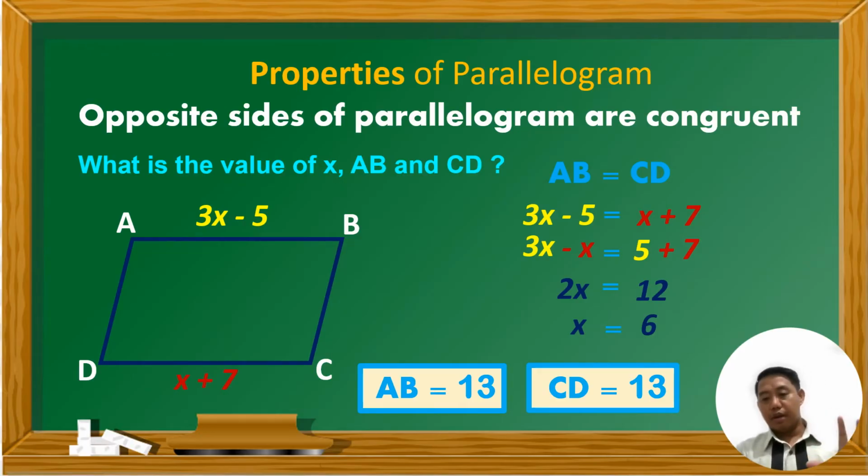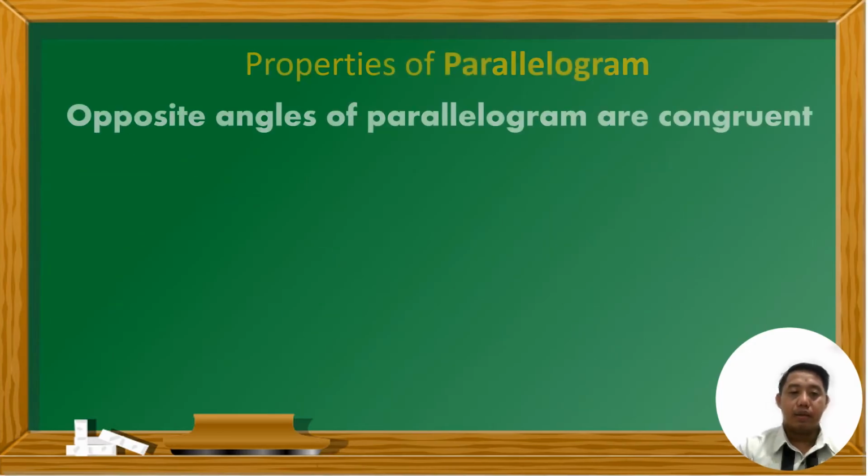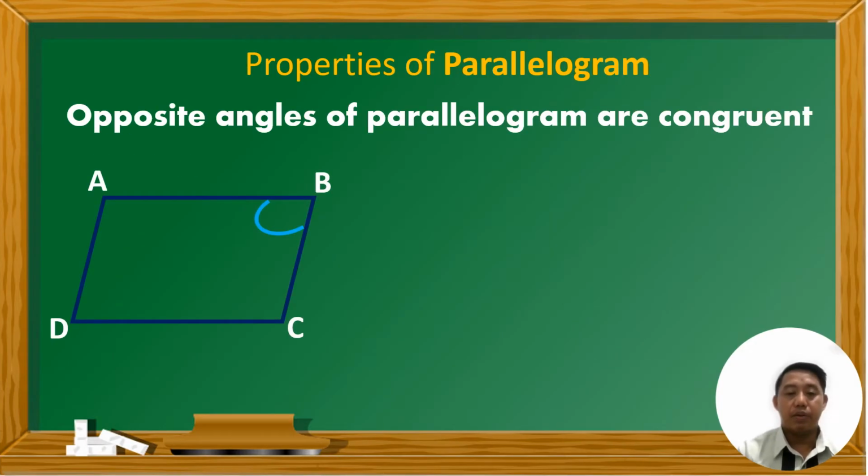Again, pag may next example tayo, just pause the video and try to solve. Okay? So, opposite angles naman tayo ng parallelogram or congruent. So, ito yung opposite angles natin. Angle C is 112 degrees. Angle D is 68 degrees. So, opposite angles mean they are congruent.